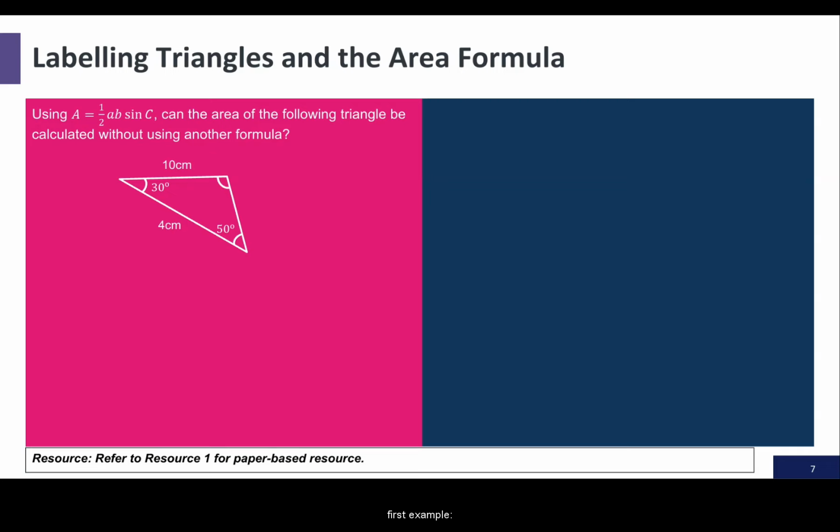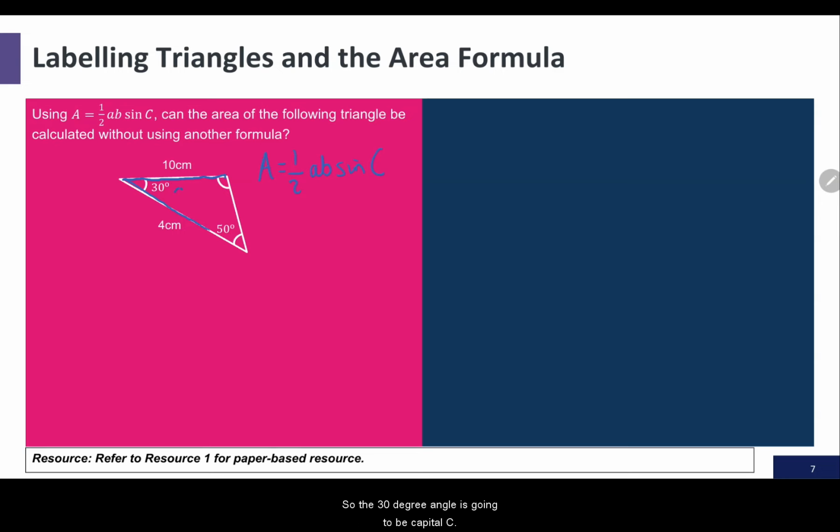Here is our first example. Using the area is equal to half AB sine C, can the area of the following triangle be calculated without using another formula? So all I'm looking for is two sides and the angle between. And hopefully you can see that here. So first of all, I'm going to jot down the formula, half AB sine C. So we're looking for two sides and the angle between.